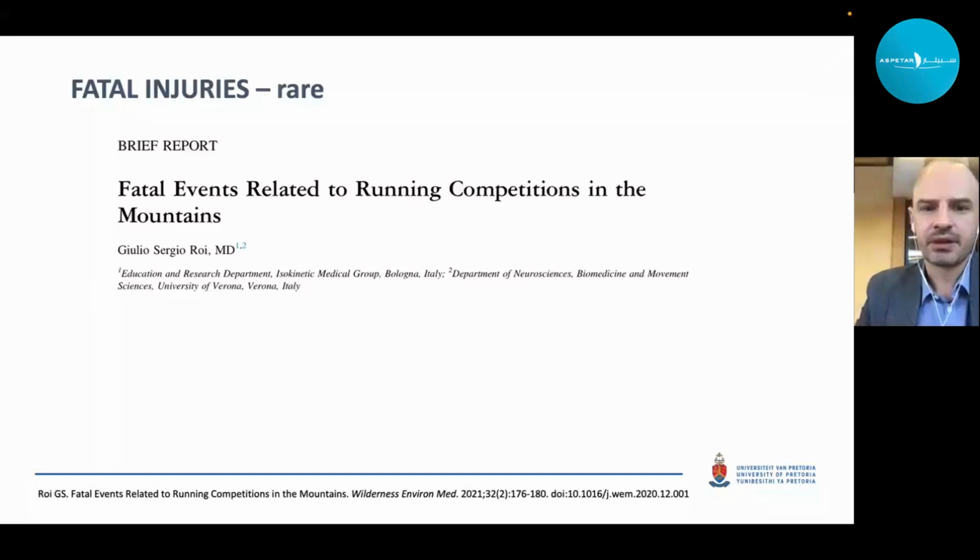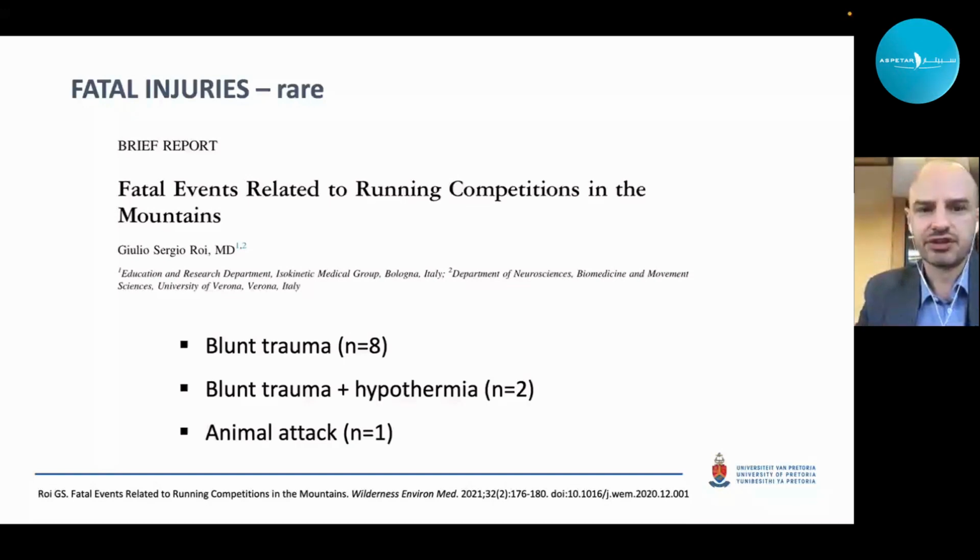Some of these fatal injuries were plain blunt trauma, like falling off a cliff, for example. But some of these were falls on a trail. You get blunt trauma somewhere on your body and you can't move anymore, meaning you can't walk yourself out of there, you can't run. While waiting for medical support, these runners unfortunately passed away from hypothermia.